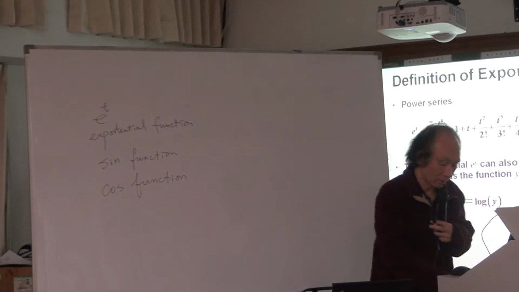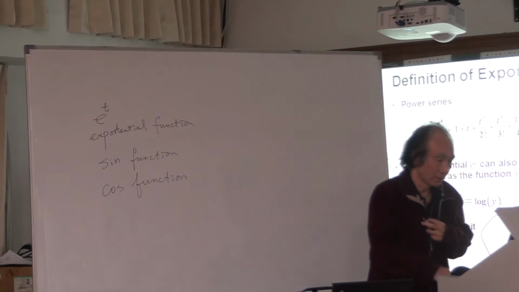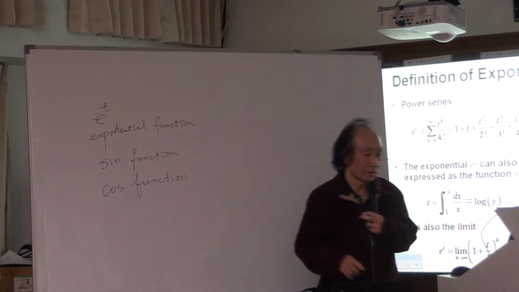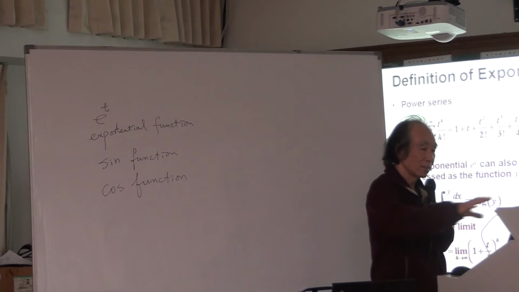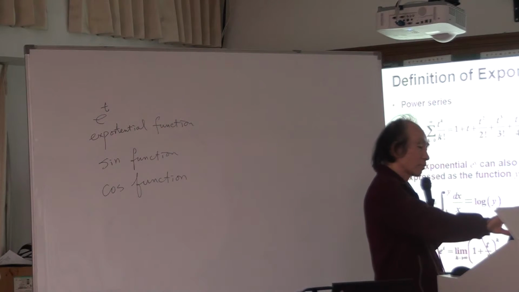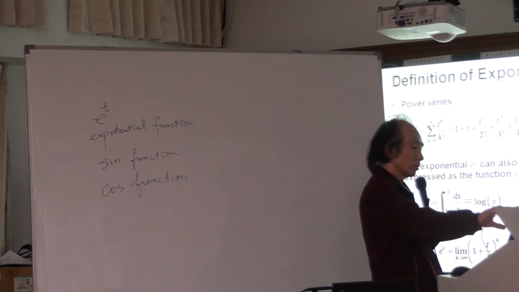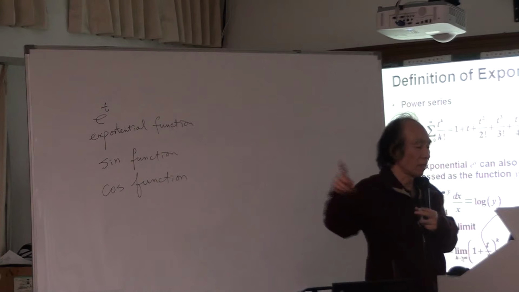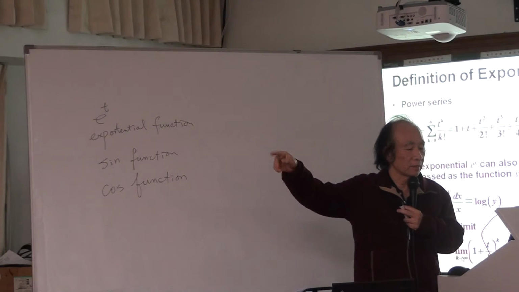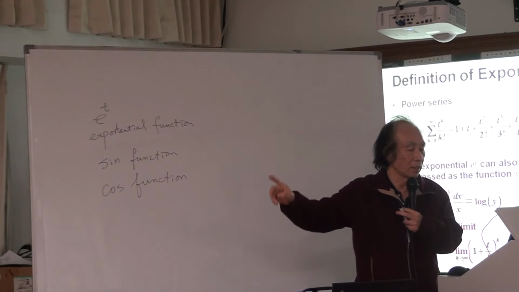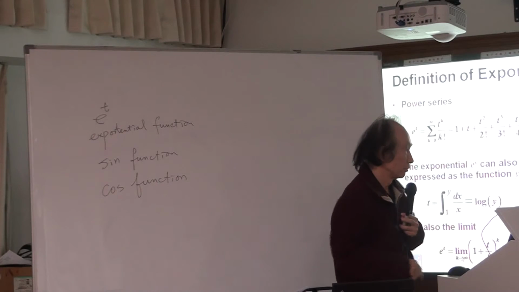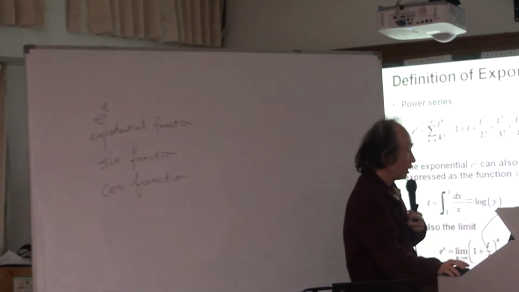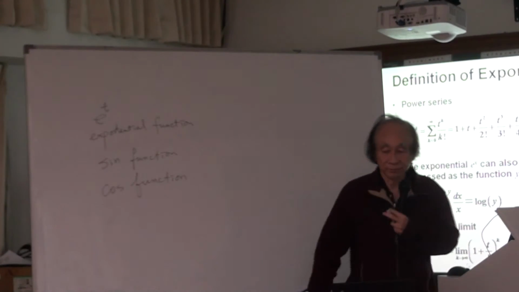It's also the limit. This is three different expressions for the exponential function. These are the three ways you can do it. If you look at this, exponential t is equal to the limit as k goes to infinity of (1 plus t over k) to the power k. K has to go to infinity.